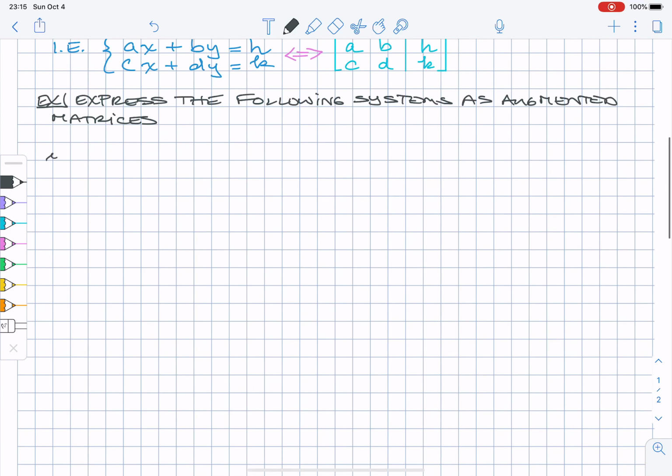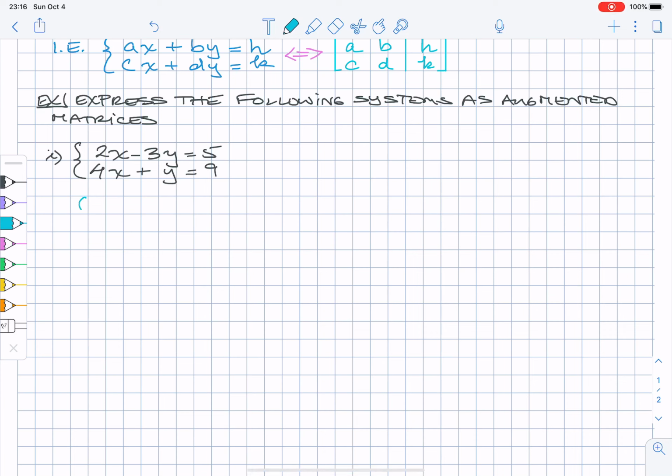Okay, so number 1, let's say we have the 2 by 2 system: 2x minus 3y is equal to 5, and 4x plus y is equal to 9.